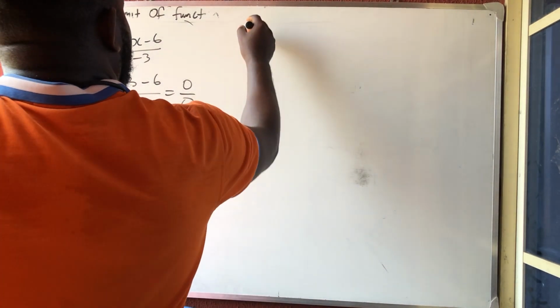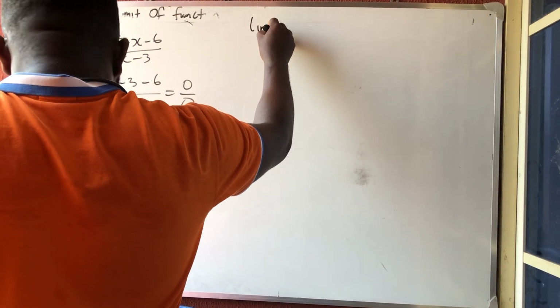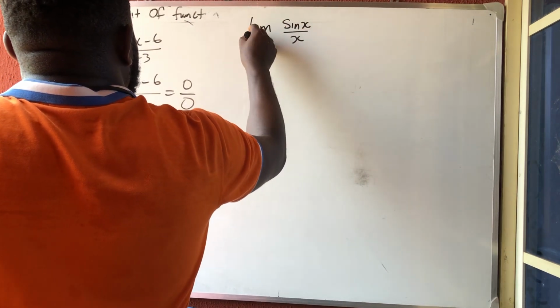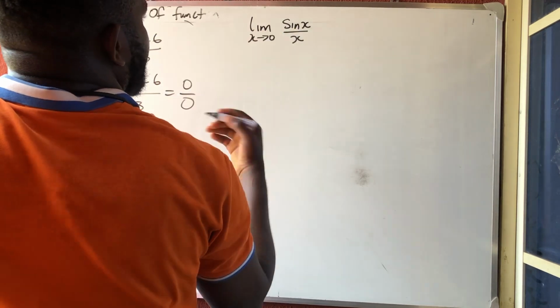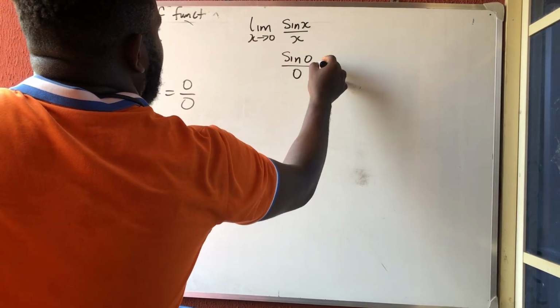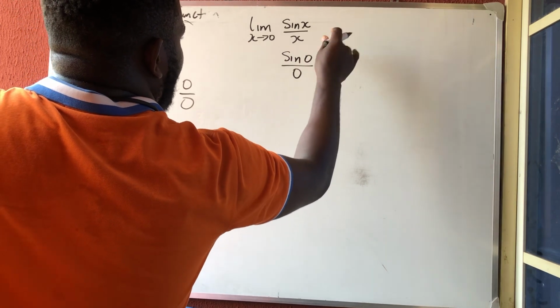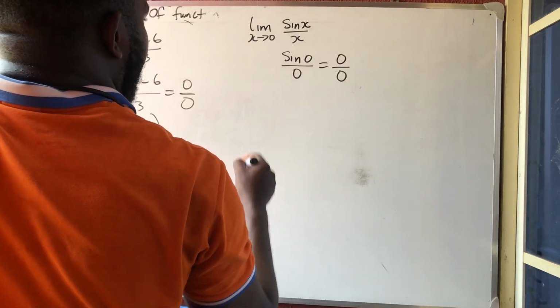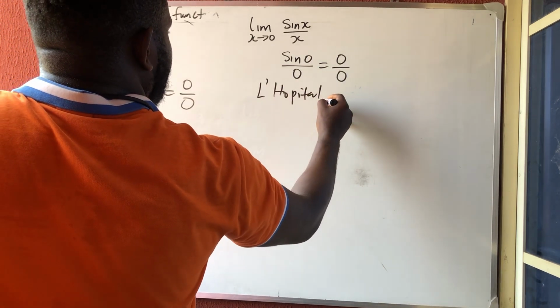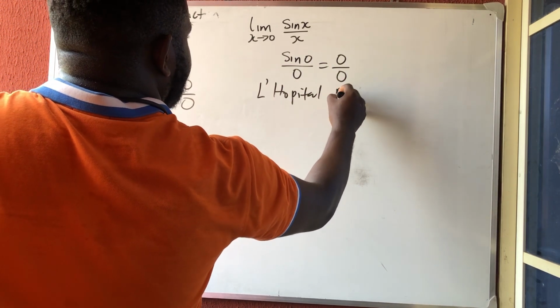So I have this. They say find the limit of sine x all over x as x approaches 0. So it's simple as saying what? Sine 0 over 0, and sine 0 is 0, so you are having 0 over 0. So what do we do? Apply L'Hospital's rule.